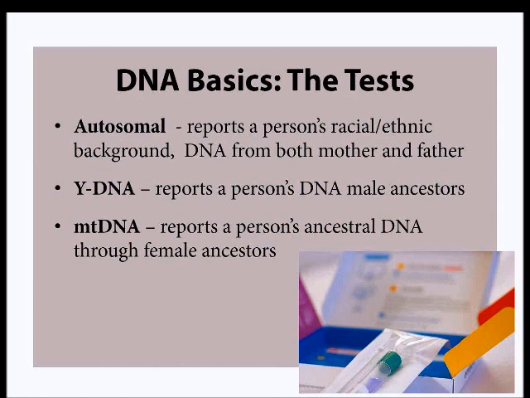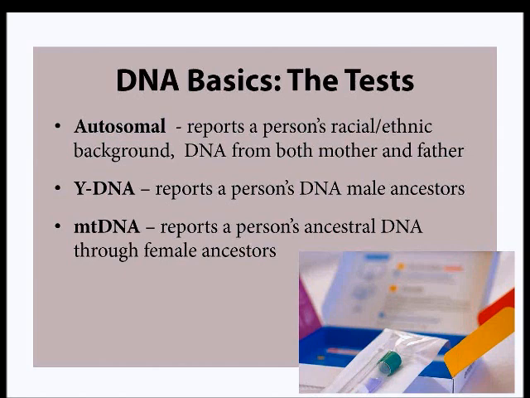There are three basic DNA tests. The autosomal DNA test reports on a person's racial or ethnic background. It evaluates the DNA in the 22 autosomal pairs. So it's the DNA that you get from both your mother and your father.